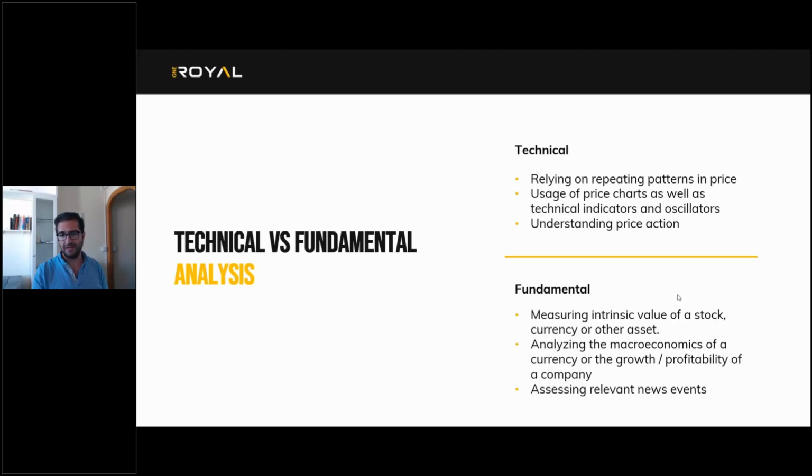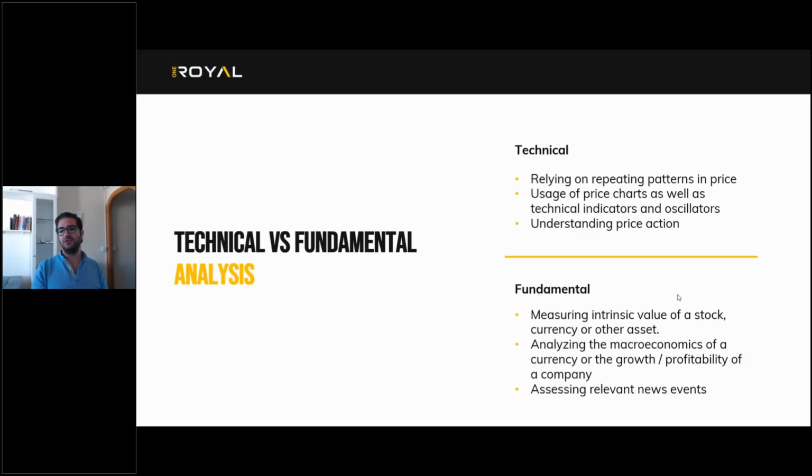In currencies, you analyze the macroeconomics of a certain country to come up with an idea of how its currency might move in the future. In fundamental analysis, there are also relevant news events such as GDP reports, unemployment rates, etc. that can give you insights into how most probably the market will move.